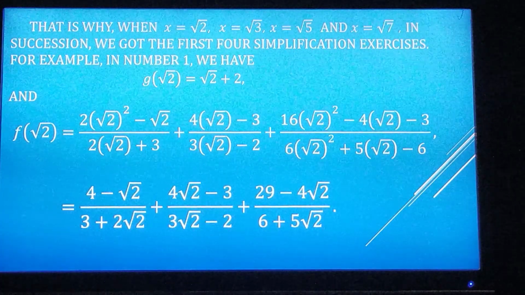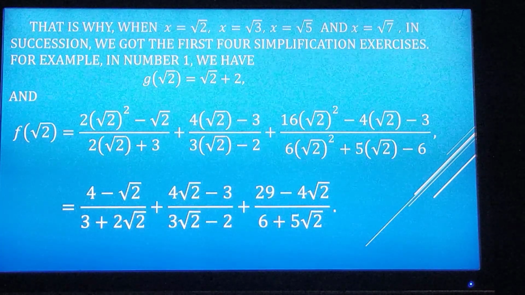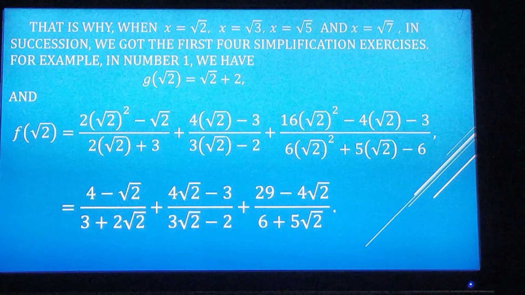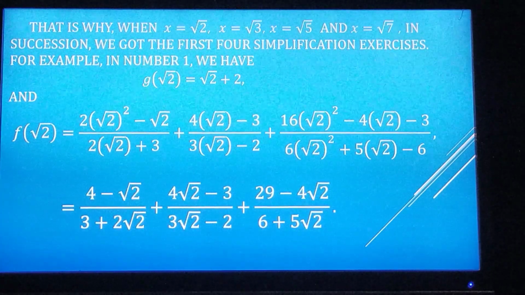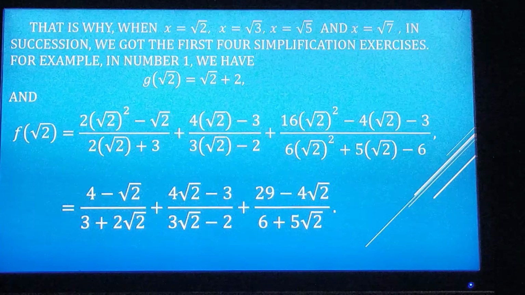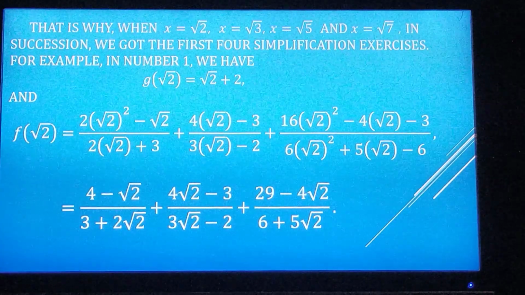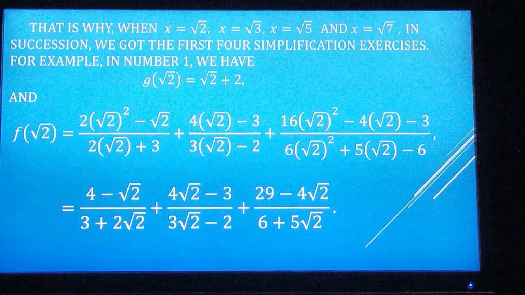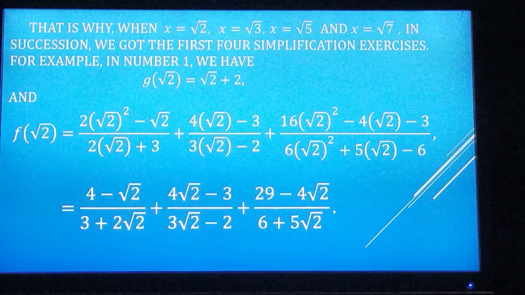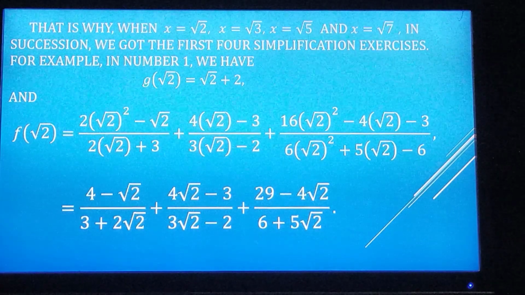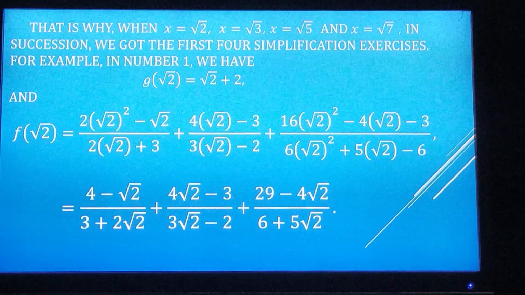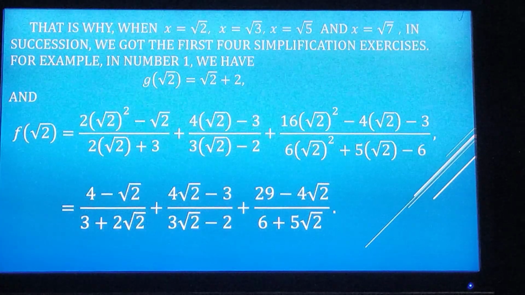So that's our g of x. And f of x, when x is replaced with square root of 2, remember that f of x is just the expanded form of the original expression g of x.